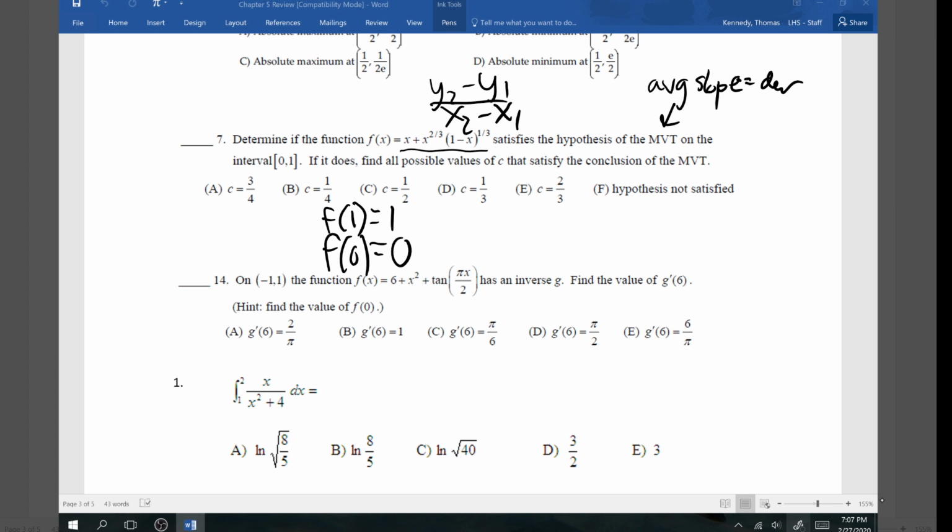So now that we have those, we can do y2 minus y1 over x2 minus x1. I know this is a really boring y2 minus y1 over x2 minus x1 because it's just 1. But now, what you want to do is set 1 equal to the derivative of f of x, which is the function they gave us.